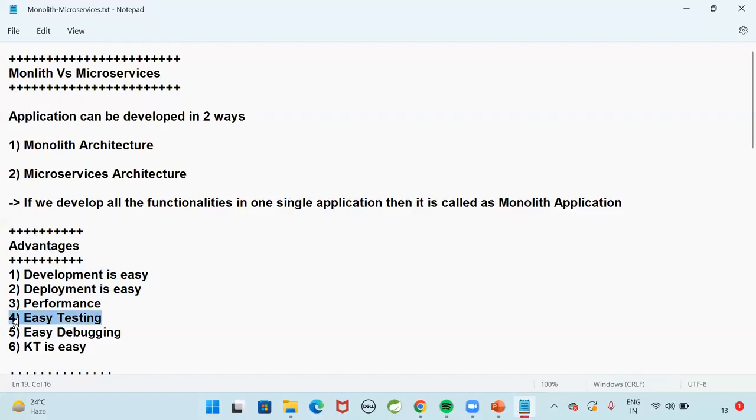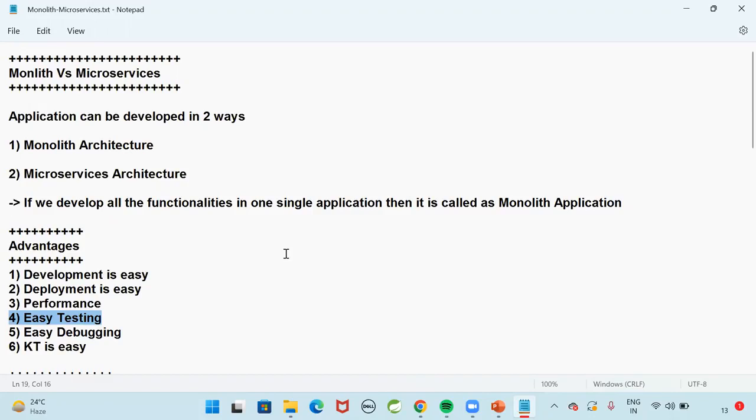Testing is easy, as the application functionalities are available in one project. And debugging, suppose if some code is not working, then easily we can do the debugging of that code. And next one is KT is easy.